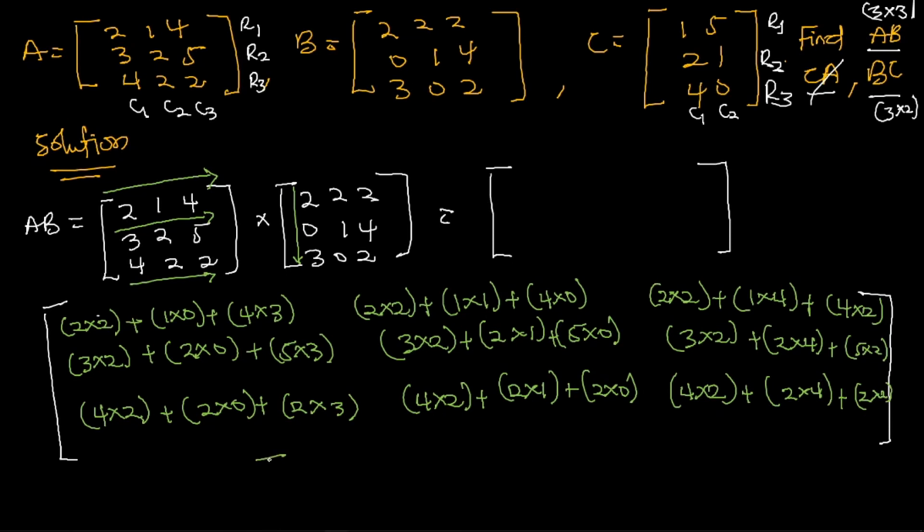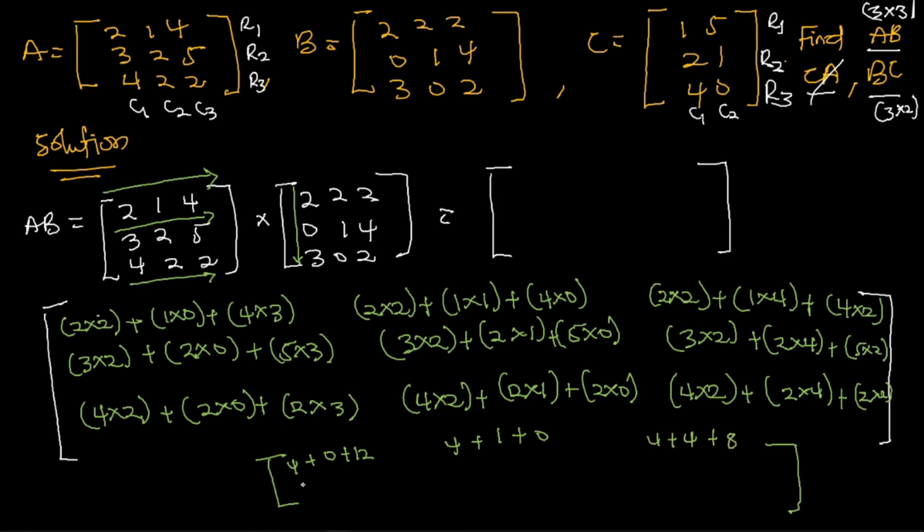Alright, so if we multiply all of this and we add, we are going to get over here 2 by 2 is 4, plus this is going to be 0, then plus 12, so this is going to be 4 plus 1, plus 0, then this is going to be 4 plus another 4, then plus 4 by 2, that is going to be 8.